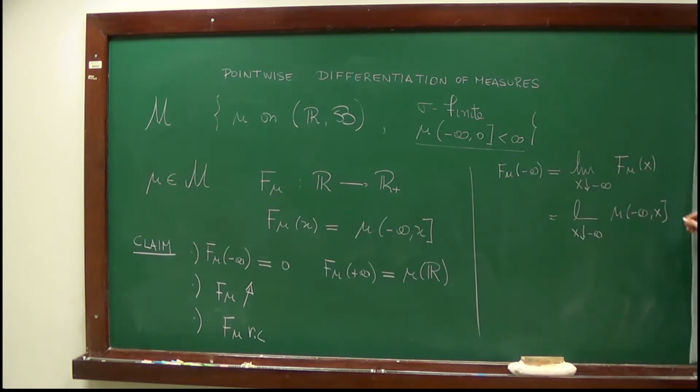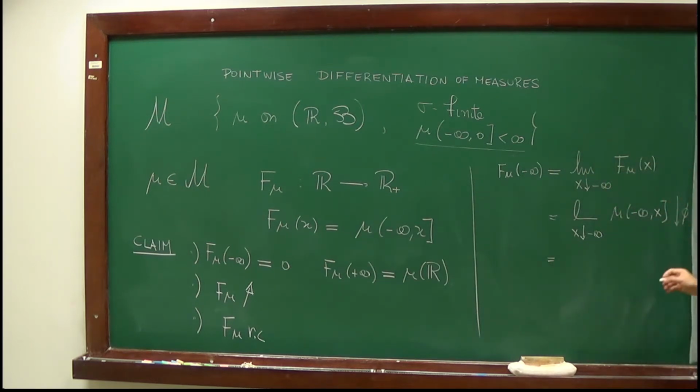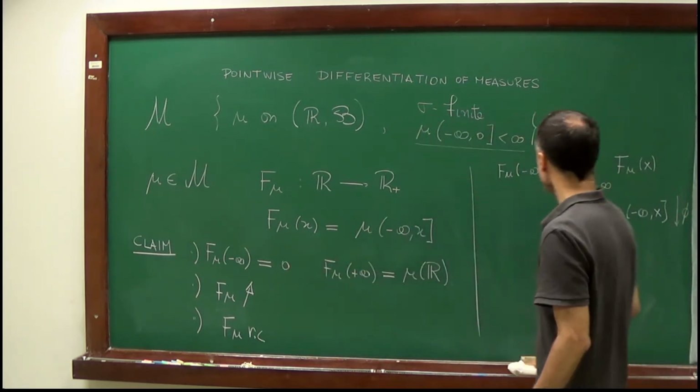Well, this set is decreasing to the empty set. So by the continuity from above of the measure mu, this is equal to mu of the empty set, but mu of the empty set is 0. And this proves that f_mu at minus infinity is 0.